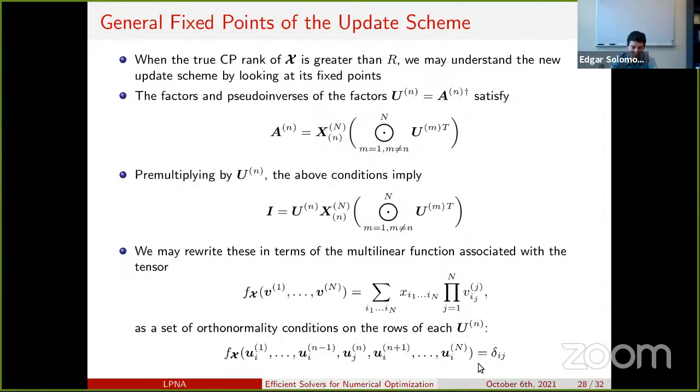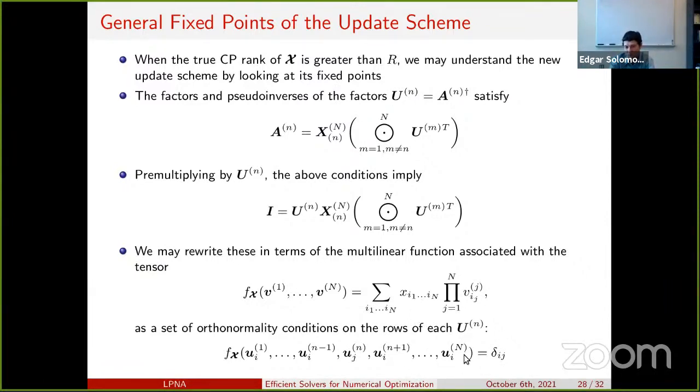But overall, these are, for an order 3 tensor, 3 r squared equations, and we have a total of 3 times s times r variables. And what we find is that, even if the rank is quite large, so we tried, for example, an 80 by 80 by 80 tensor with a rank 600 true decomposition, and did a rank 70 approximation, it converged to a stationary point where these equations were satisfied to 10 to the minus 15 accuracy.